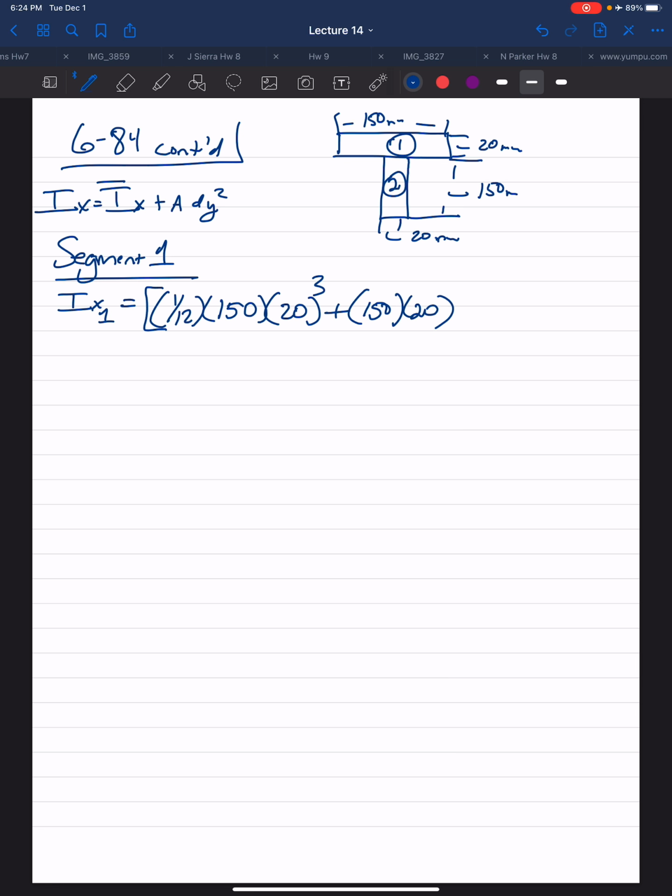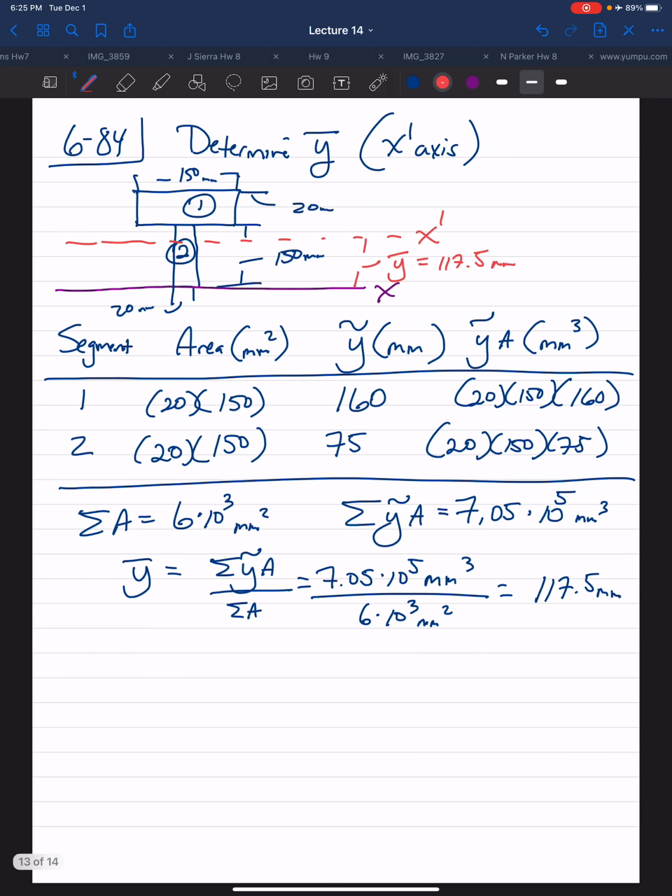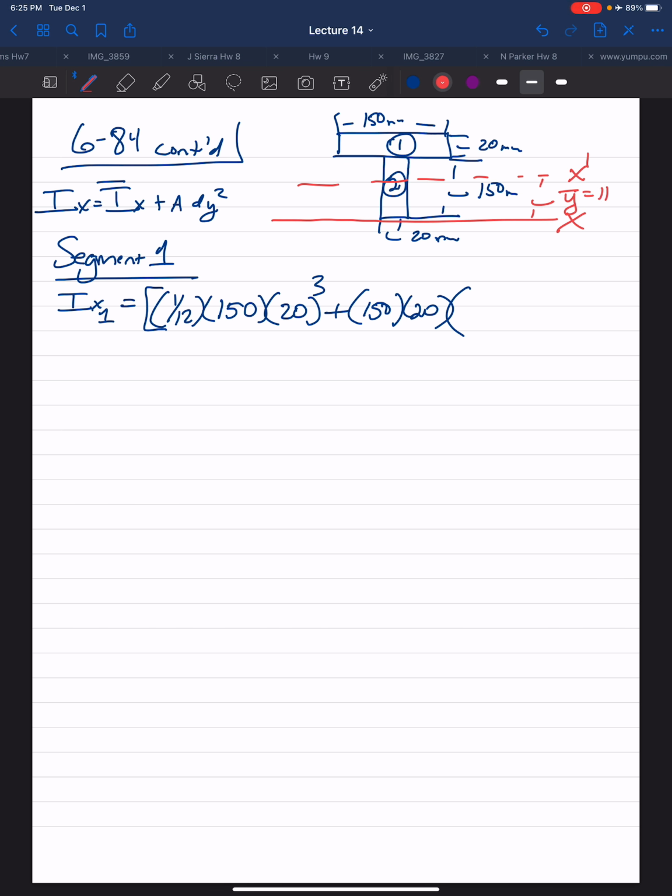Now we have to have our dy squared, which we said is the distance from our, let's draw axes again. We said this was our x-axis. We calculated our x prime separated y bar, which we said was 117.5.